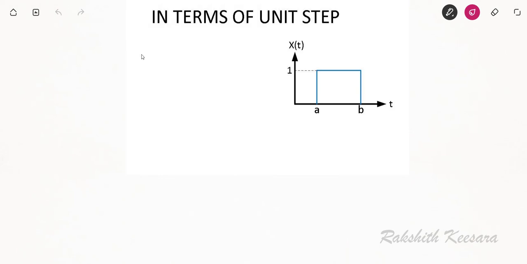Let us start. First, how to express a signal in terms of unit step. If there is a signal like this, I need to express this signal in terms of u of t. So how to do that?